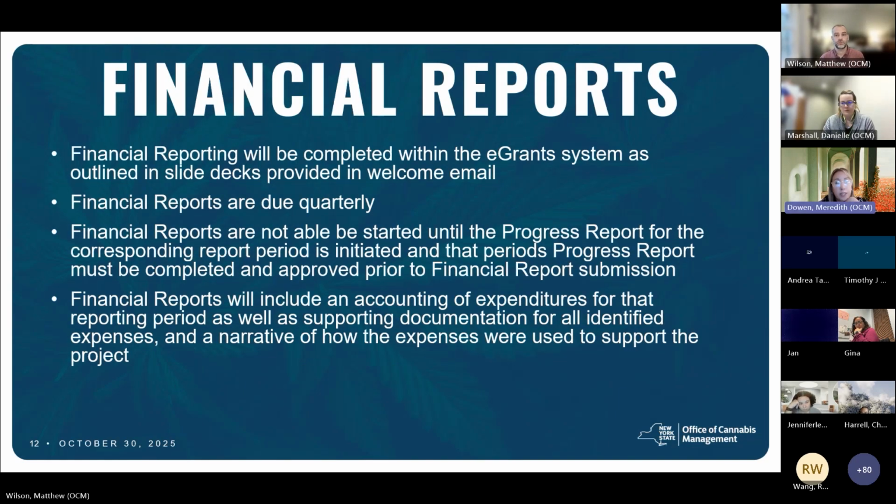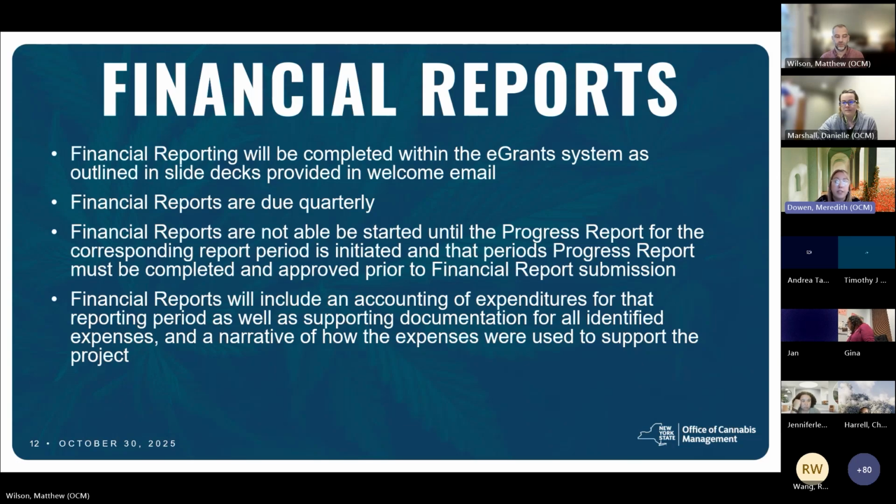For the financial reports, they're also going to be completed within the eGrant system. As I said, I'm just going to reiterate that the financial report cannot be initiated until that progress report is started, and it cannot be submitted until that first progress report is approved. And that remains the same for each following quarter, for each following reporting period. Financial reports will also be due quarterly after the first reporting period.